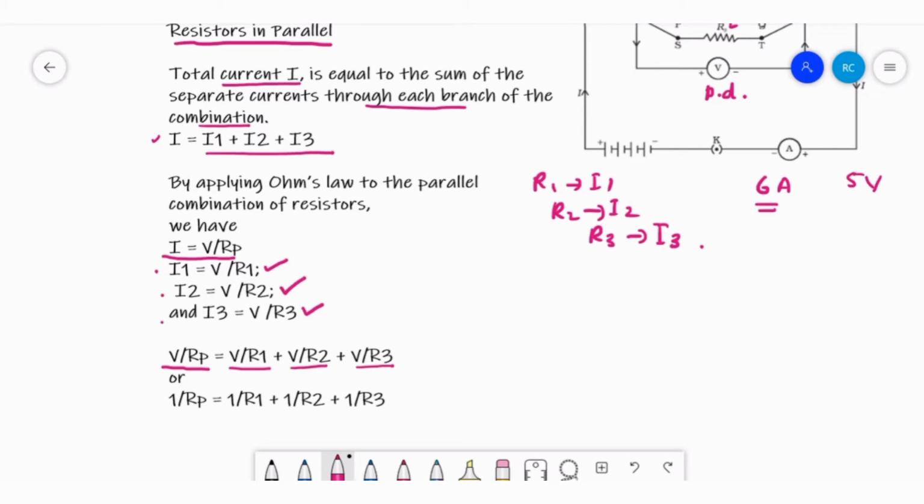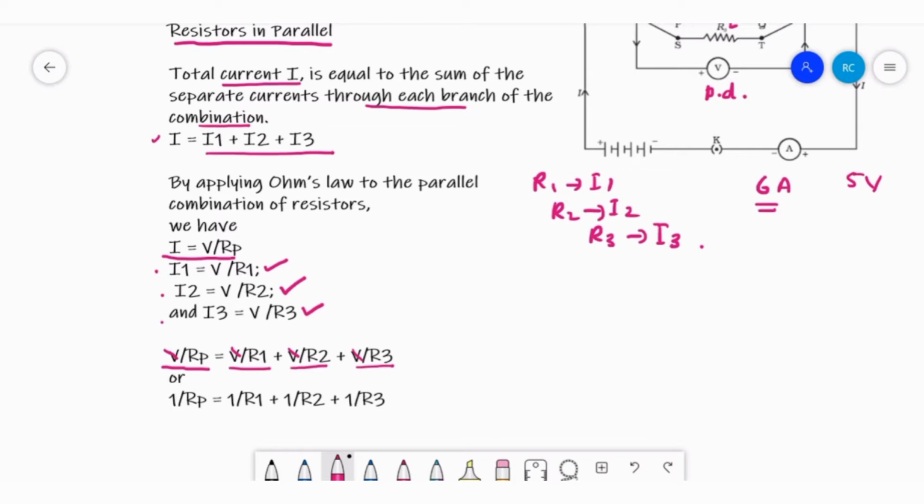V is the potential difference that is common, which means it is constant for the entire circuit. So we can cancel V here, in the second one, the third one and the fourth one. We are cancelling all the potential differences because it's common to all the currents. So we have cancelled the V in the entire equation.